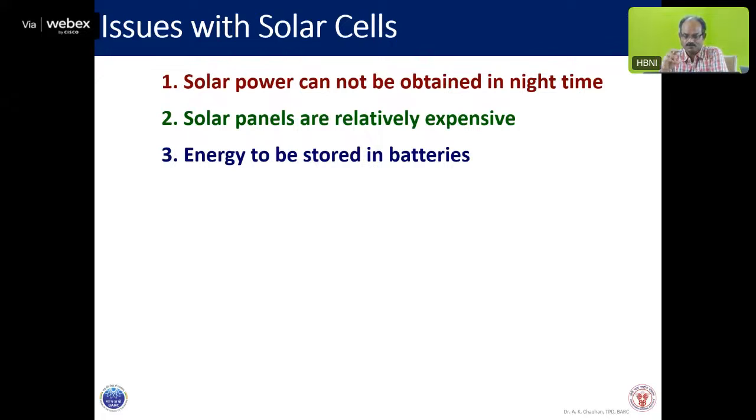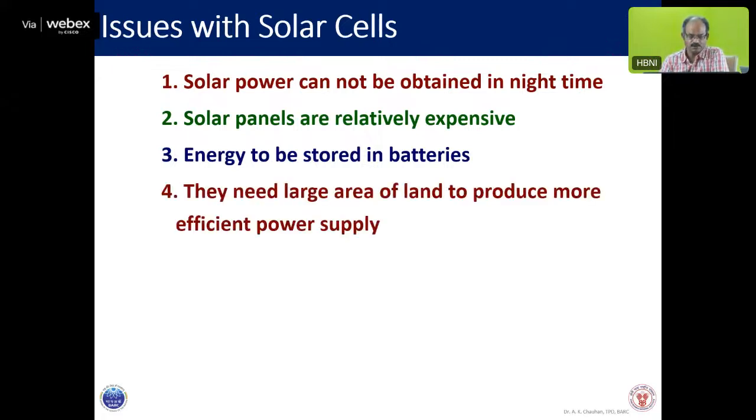There is another problem: because there are solar intensity fluctuations, there will be power fluctuations also in the power generated by the solar panels. That is the reason why these are stored in the batteries. There is no direct supply, and after converting it back into AC, this is supplied for domestic purposes.